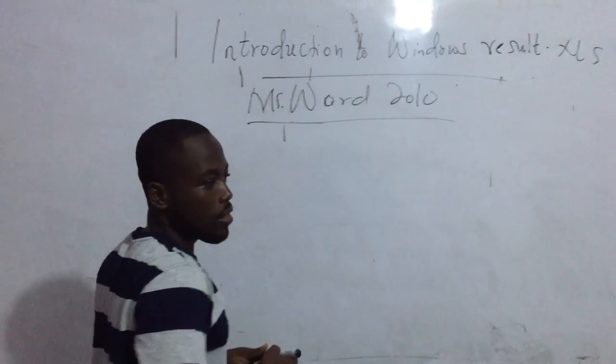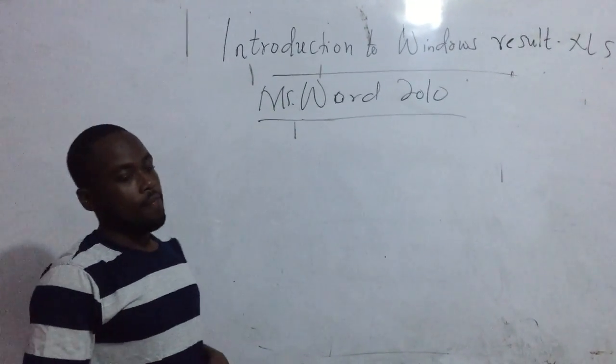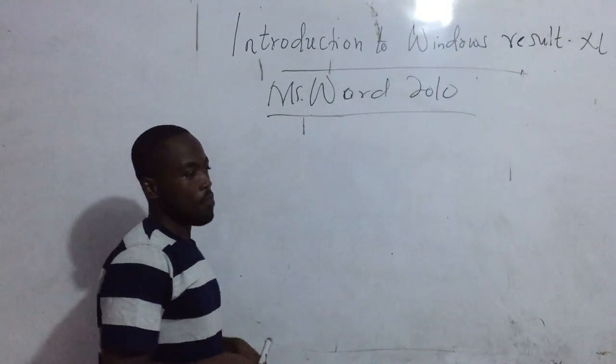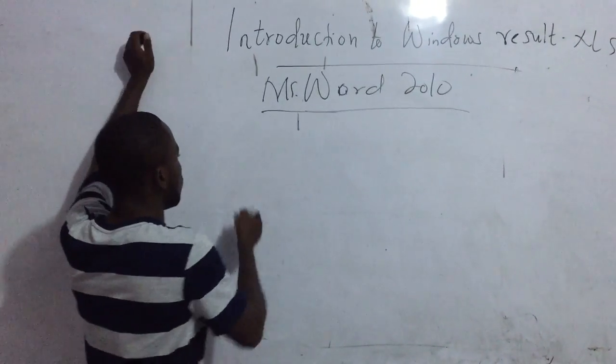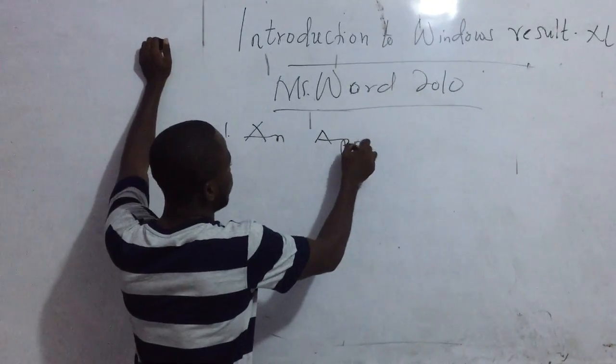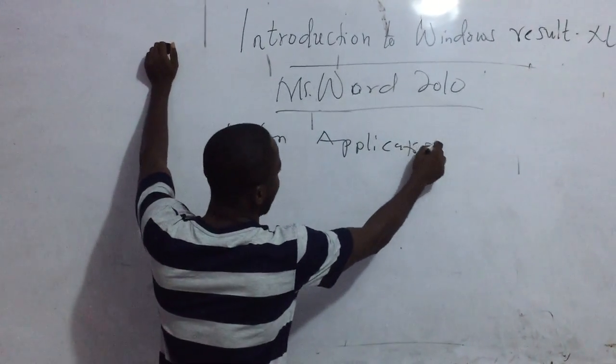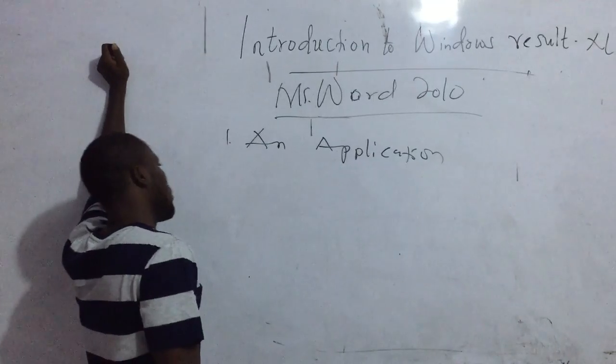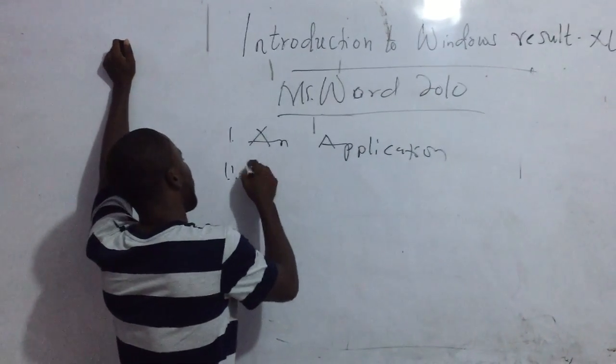MS Word 2010. Microsoft Word is an application software and is part of the Microsoft Office Suite. So one thing you need to know about Word is that it's an application software, not a system or utility software, and it's part of the Microsoft Office Suite.